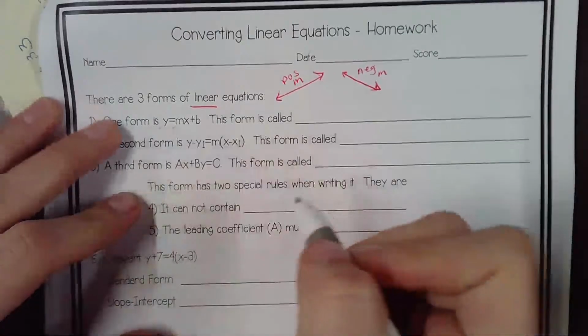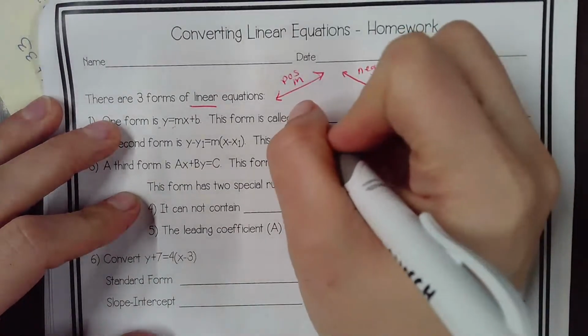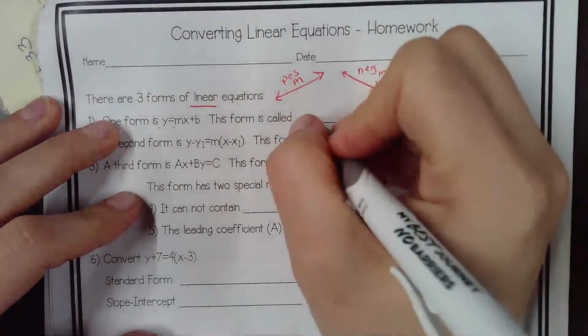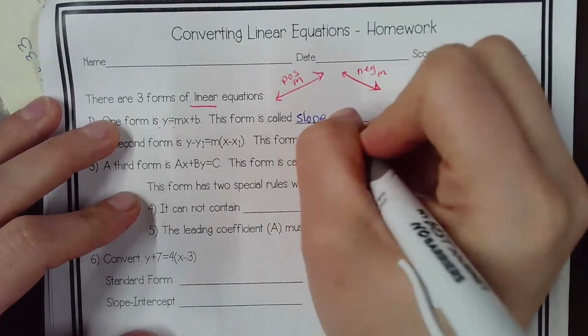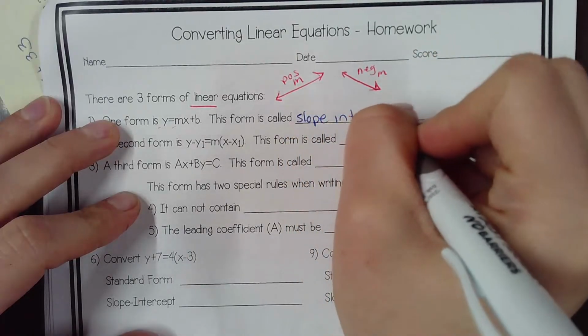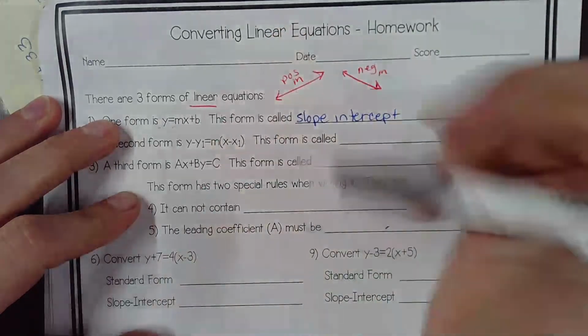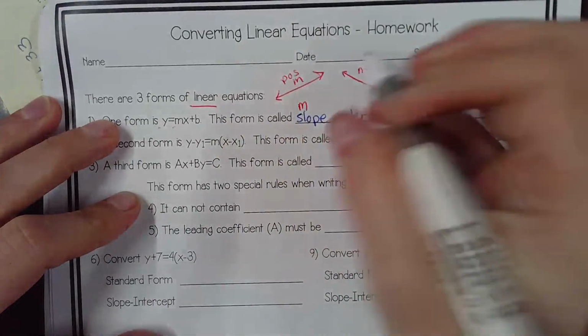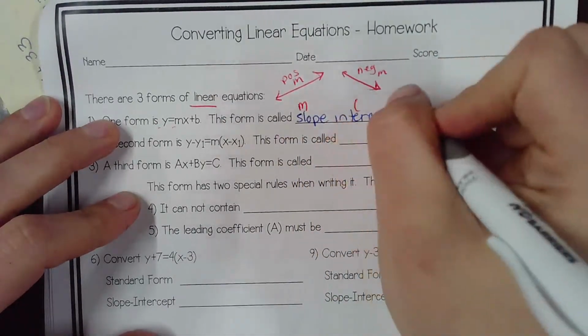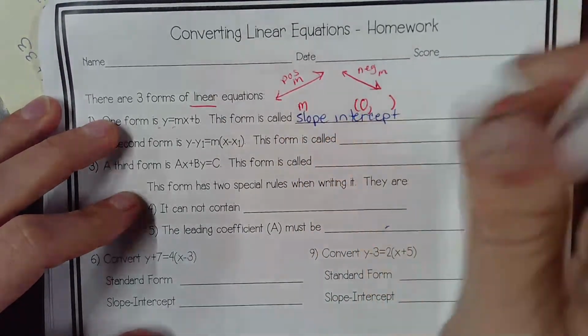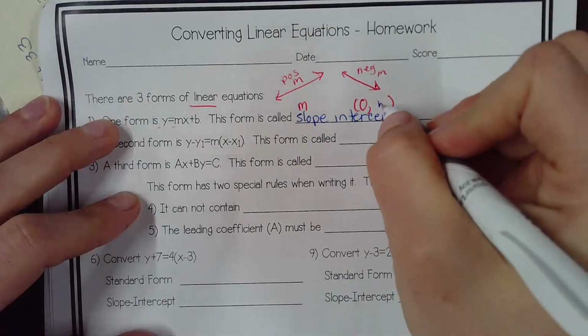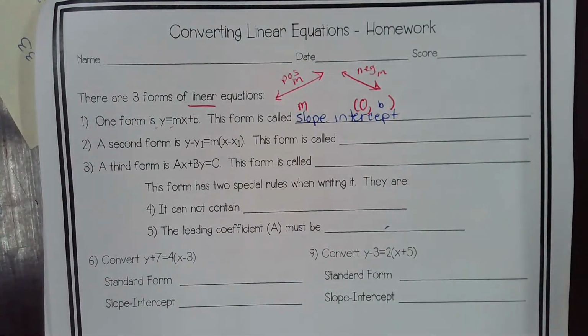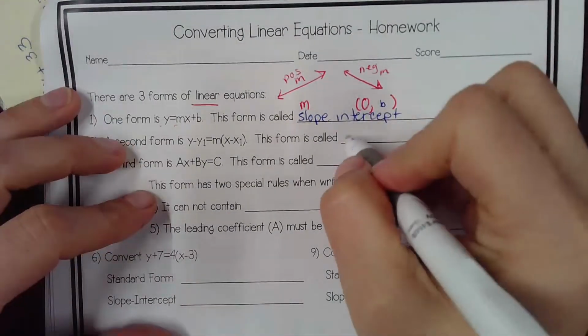If I have y equals mx plus b, this form is slope-intercept. Your slope is m. Your intercept is a coordinate, 0, comma, whatever b was. The second form is called point slope.